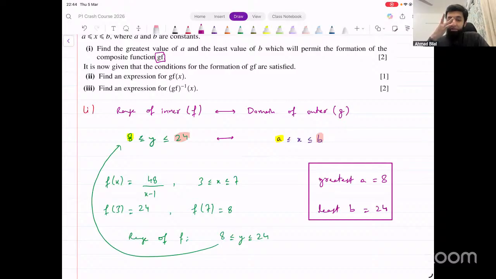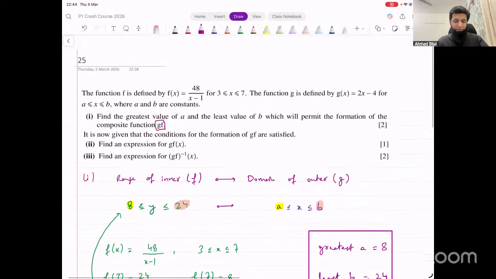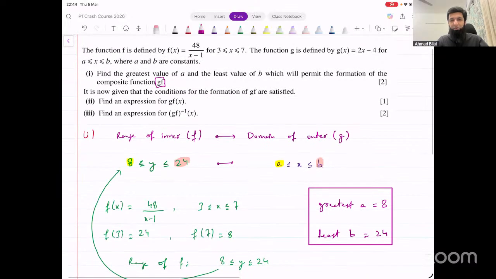In the last 2-3 years, they have had some of the harder functions questions. So make sure that you practice recent papers as well. Some of these questions that we're doing are from 2022. But 23 and 24, try those as well. They also have some good questions on functions. Make sure that you try them.